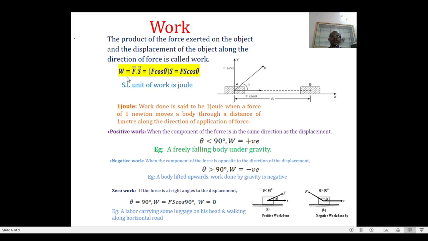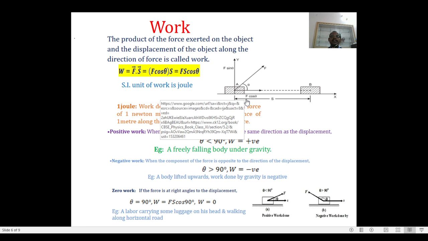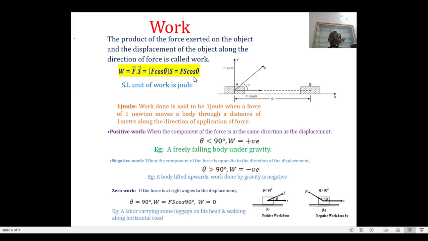Therefore, work is equal to the dot product of vector F and vector S. Now this is equal to, you have to consider the horizontal component of force F cos theta, magnitude of vector S is S.